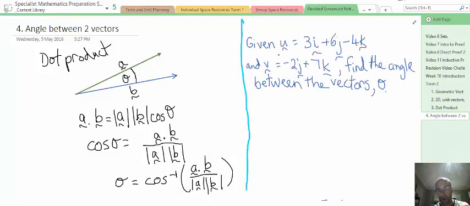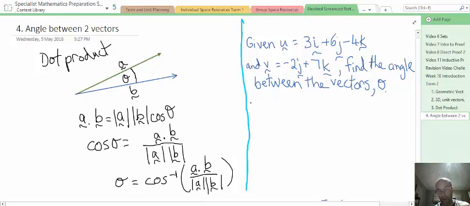An example we see on the right hand side: given vector u, specified there in Cartesian form, and vector v, find the angle between the vectors, which we call theta. The first thing we need to note in the solution is that we have Cartesian form of three-dimensional vectors. Vector v appears to be specified differently to vector u.